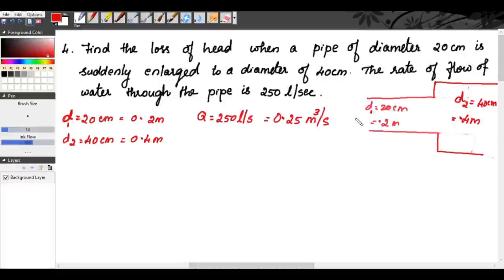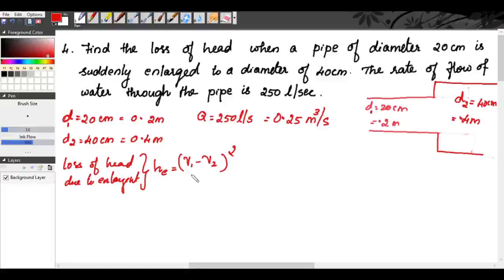Now, we know the formula for the loss of head due to enlargement. So loss of head due to enlargement, HE, is equal to V1 minus V2 the whole square by 2G.